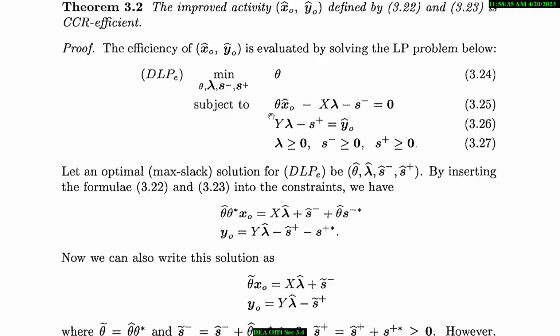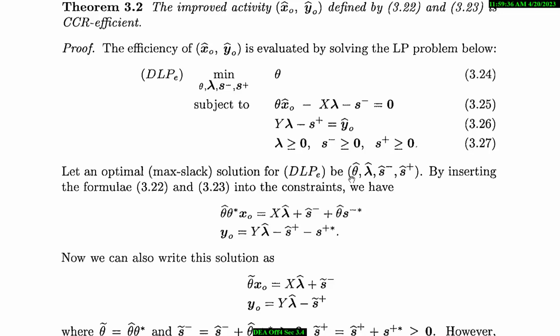We should prove first that the optimal objective function value of this model is 1, and second, all the slacks in the max slack optimal solution are 0. Showing that for any arbitrary optimal solution theta is 1 and the optimal slacks are 0 is equivalent to showing this is true for the max slack solution, so there is no difference if we take an arbitrary optimal or max slack solution.